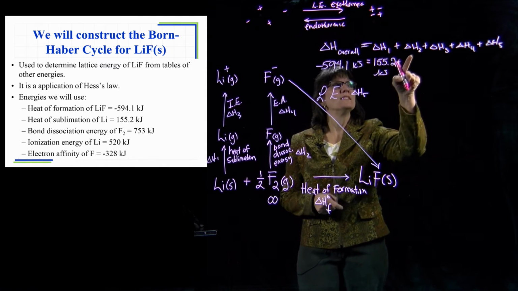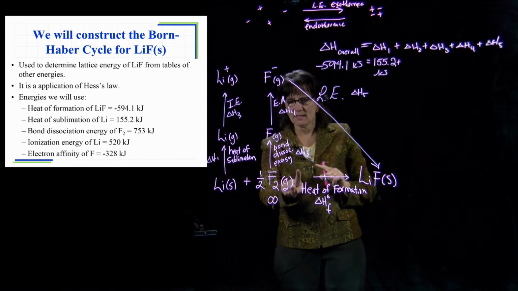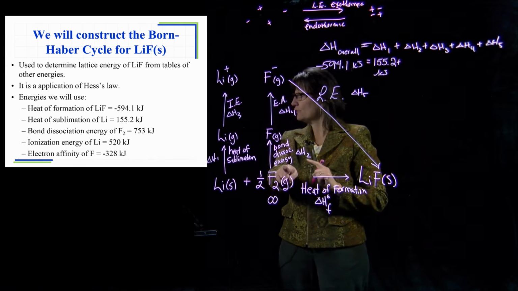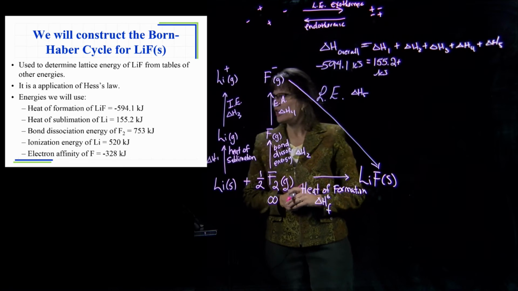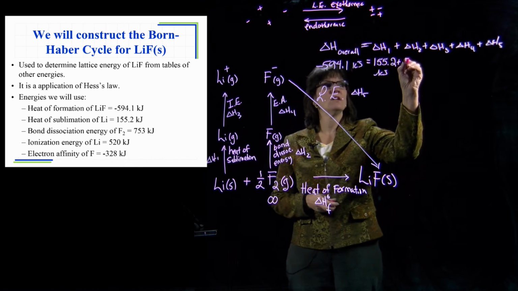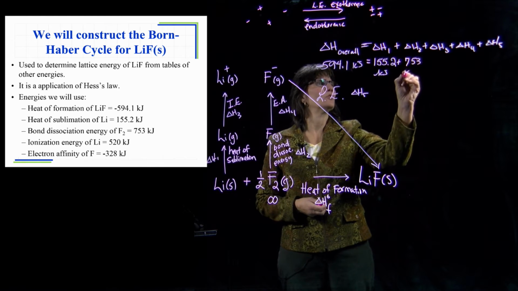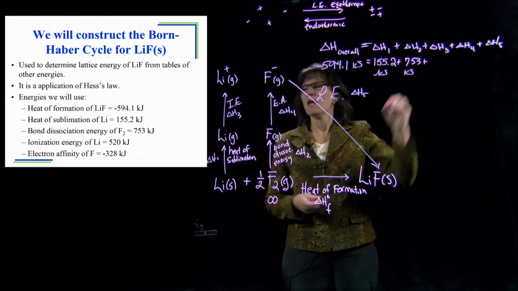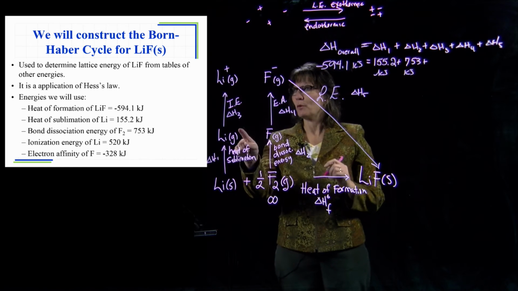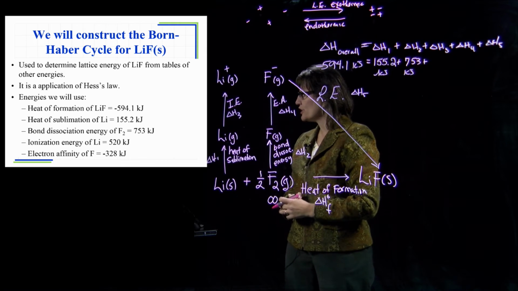Okay. Delta H2, that's the second one, is to break the bonds of the fluorine. The bond dissociation energy, it requires energy, is 753 kilojoules. Okay. Number 3, ionization energy. We're removing an electron. It requires energy to do that.